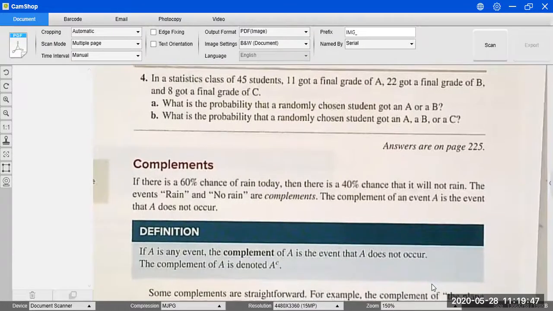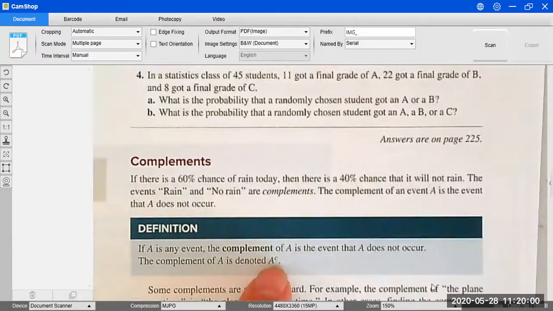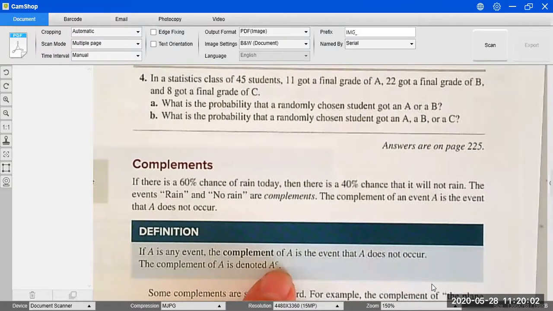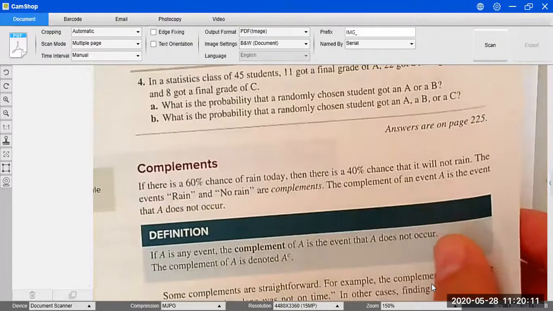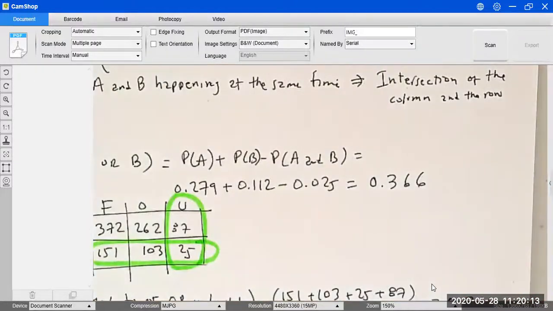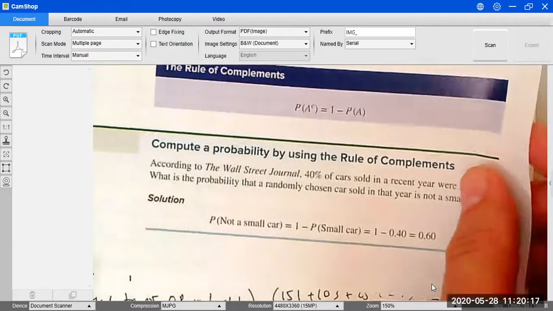So if A is any event, the complement of A is the event that A does not occur. The complement of A is denoted as A with a superscript C, like exponent C. And the important thing is the probability for events that are complement to each other.